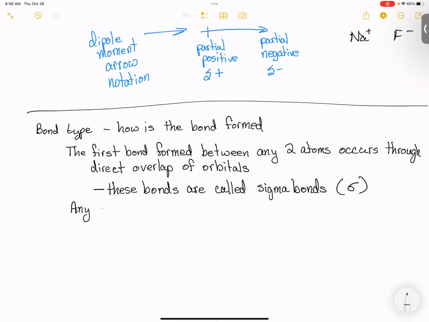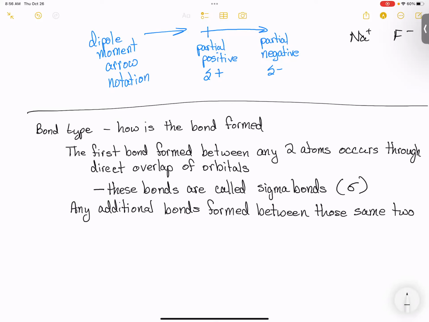Any additional bonds formed between those same two atoms occur from side to side overlap of p orbitals.